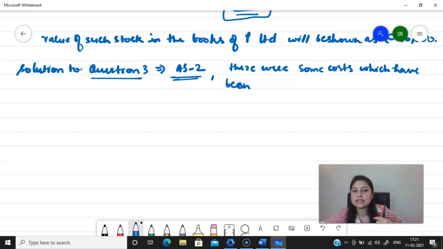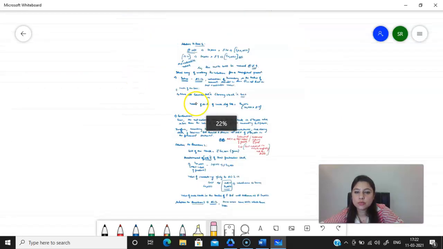You will simply say that according to AS 2, and then you will mention the costs which will be excluded while you are determining the value of stock for the books of accounts. So let me just draft the answer the way you will be putting it down as a solution in your books.